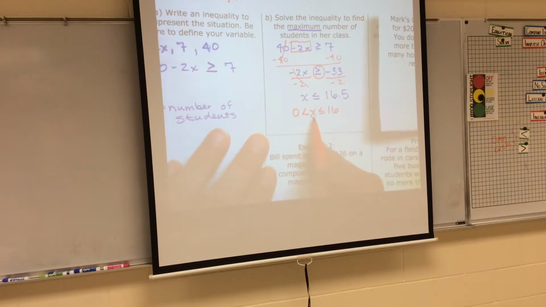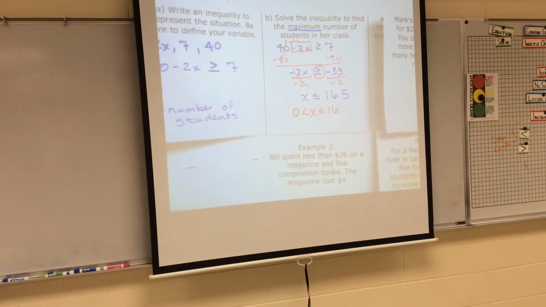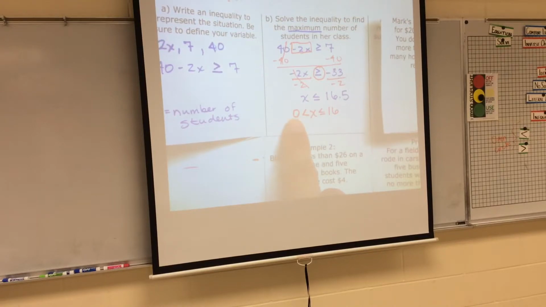So what this means is the number of students is between 0 and 16. Exactly. And the arrow points to 0 because that's the smaller one. Is that okay? A little bit.